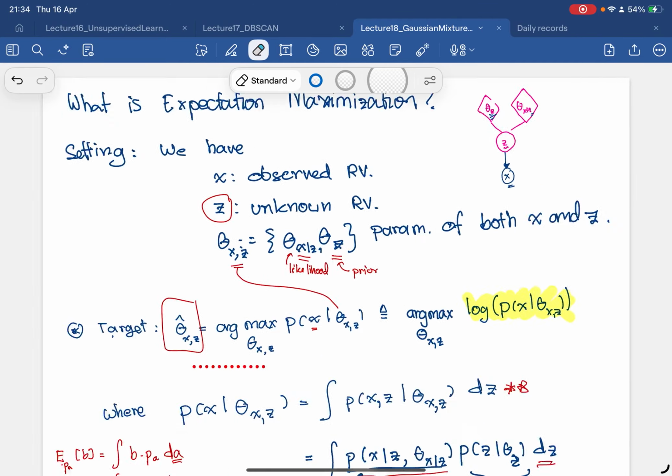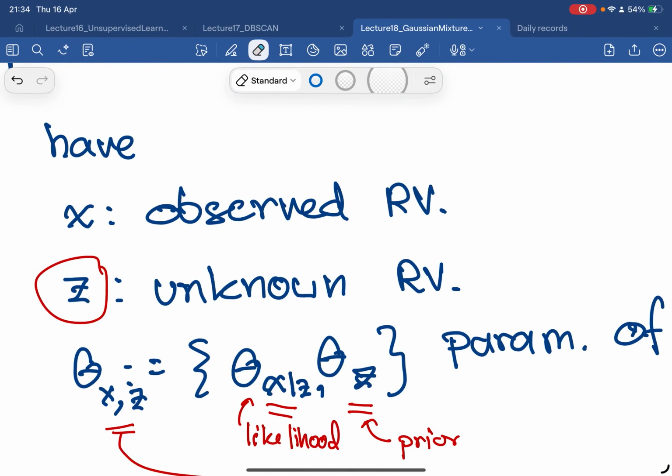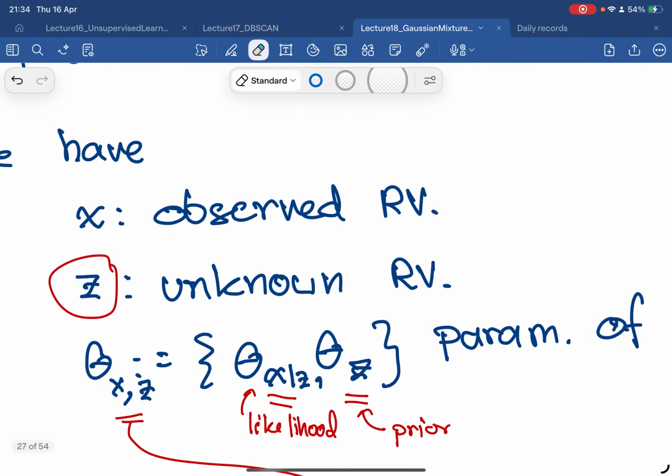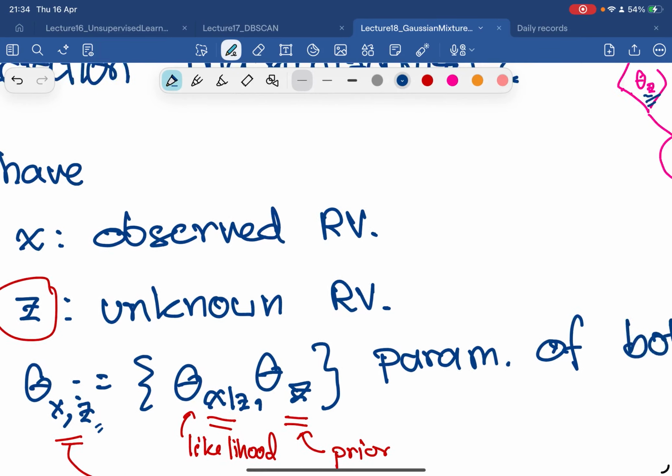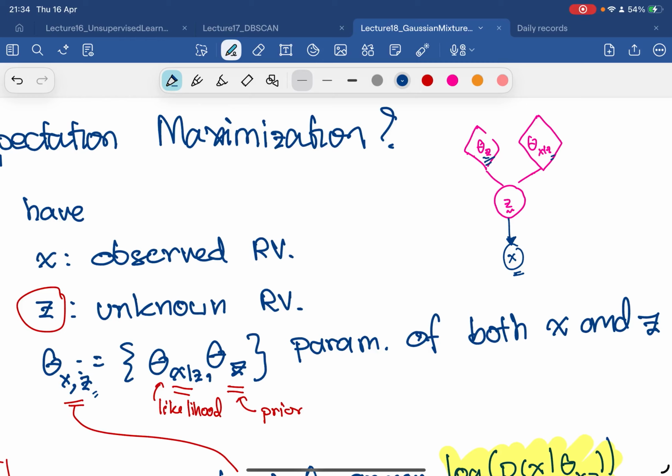Let's say I have theta, x, and z here to denote those model parameters, one being the model parameters of a likelihood of x given z. And let's say the model parameters of z are our prior knowledge, because we want to know what Z is. So anything related to Z directly is our prior.